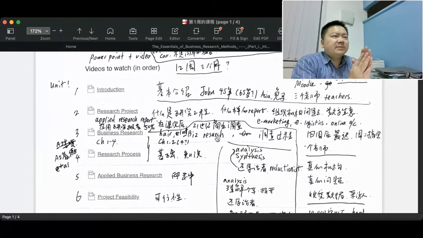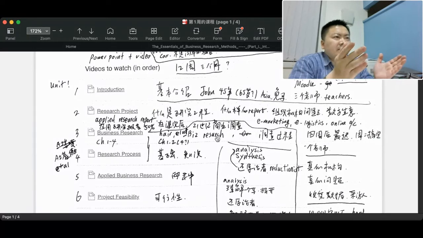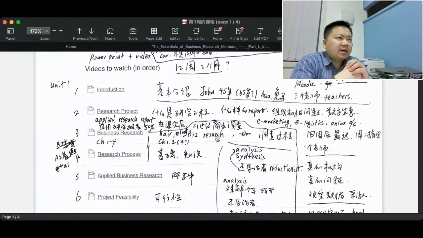For example, e-marketing, which I guess would be PPC, pay per click online advertising, or social marketing, or even search engine optimization, SEO. Another is logistics, sending products from one place to another, even from one country to another, and doing research on that.